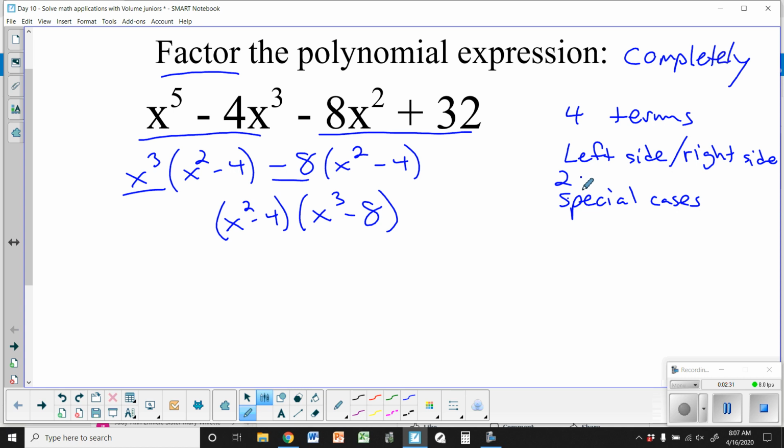So with 2 terms, we're looking for difference of squares, difference of cubes, and sum of cubes. So the thing I'm looking for is, do we have something squared minus something squared? And if we look here, we do. Remember, you can look back at your notes. So that's difference of squares.